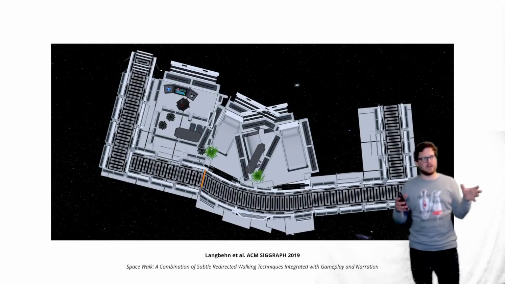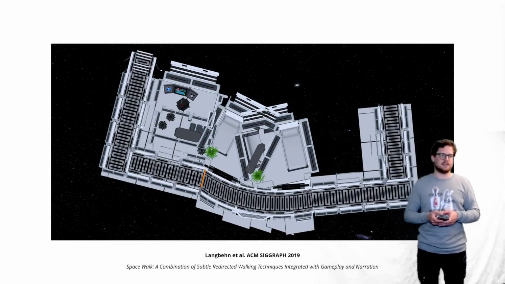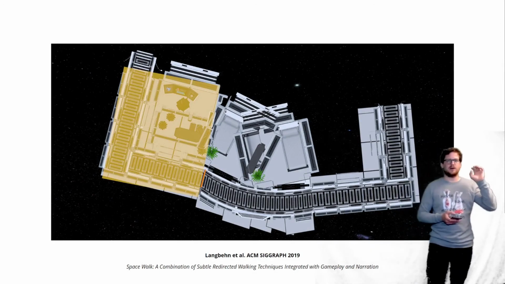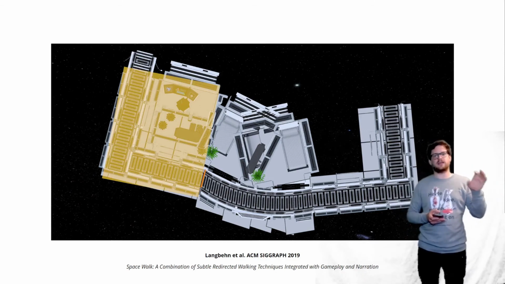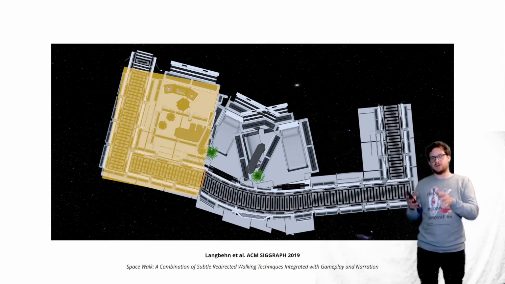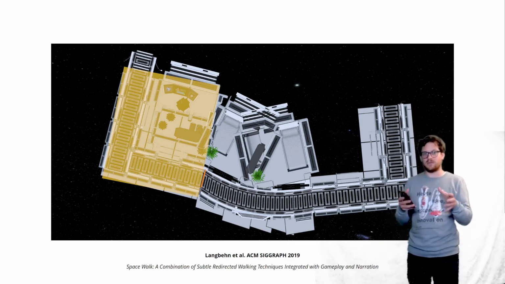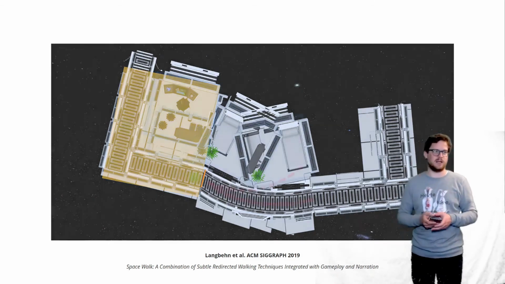This is a demo that shows several different of these redirected walking techniques. So there are different approaches to implement this. In this demo, we had an environment that was 45 square meters, and it was explorable by a 4x4 square meters large real world tracking space.